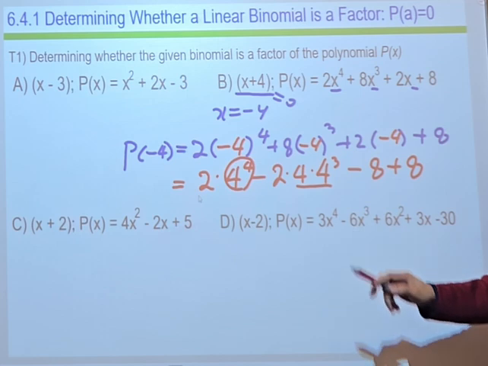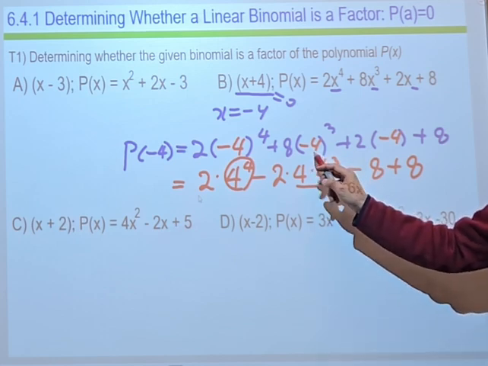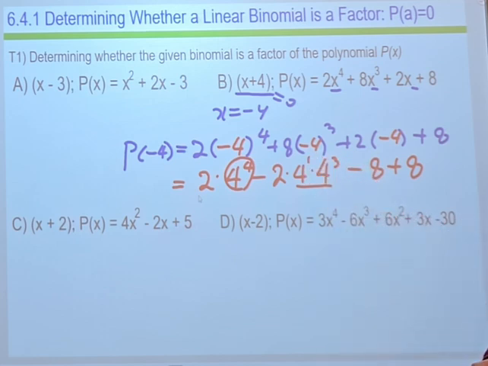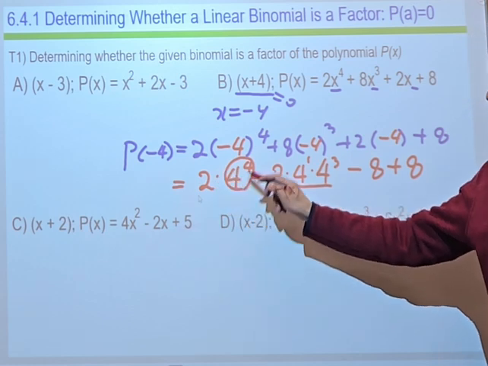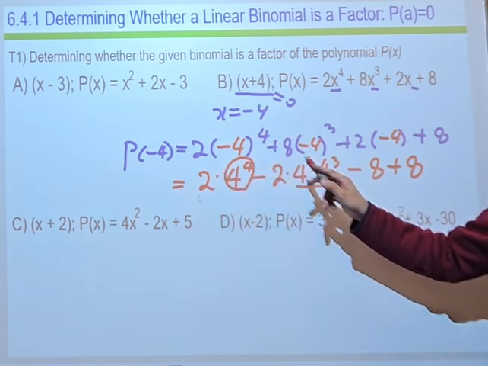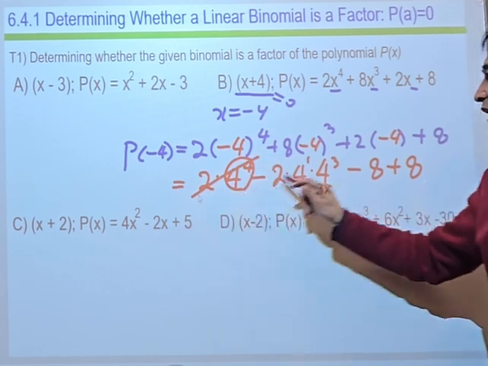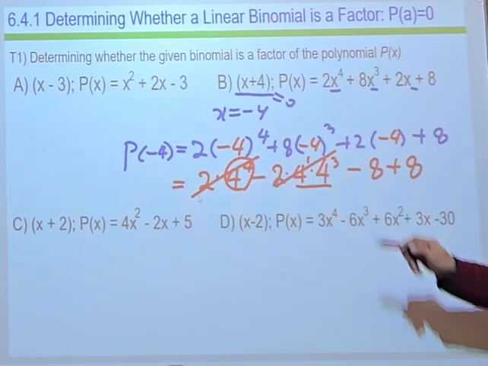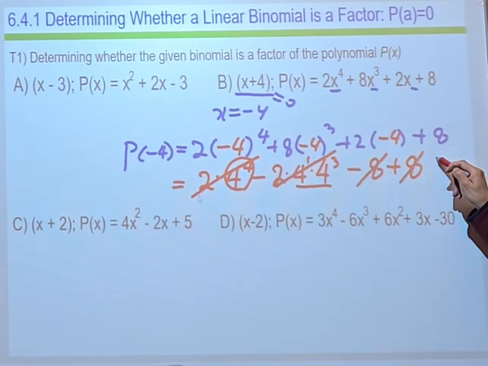So this is 2 to the fourth power, one power multiplied a total of 4 times. So 2 times 4 to the fourth power minus 2 times 4 to the fourth power. It's the same thing with opposite sign, so they cancel to 0. So 8 minus 8 plus 8 equals 0.